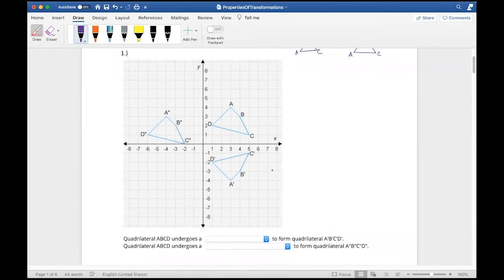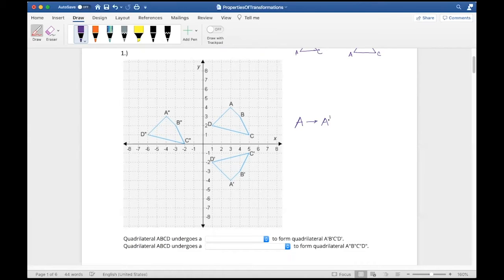All right, this is another good example here. Quadrilateral ABCD, so this first one, and just a reminder, you start with your first point. Once it's translated, we then label the next point A prime.